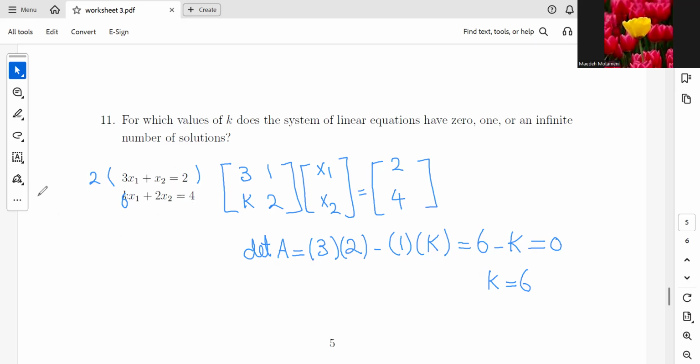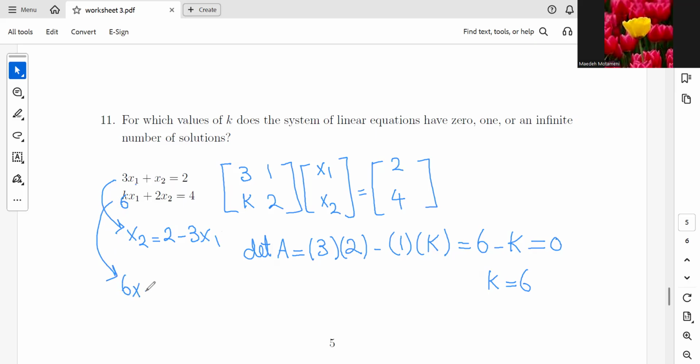Let's do it another way. You don't have to do it this way, but I want to write it here. So let's try to solve it with the help of substitution. From the first one, we can find x sub 2 as 2 minus 3x sub 1. Let's say we have 6 here. So we would substitute that in the second one.